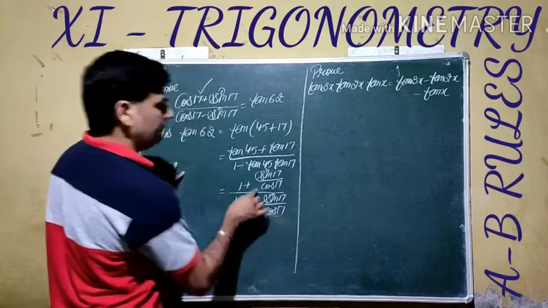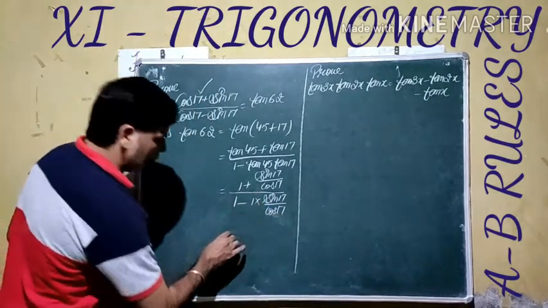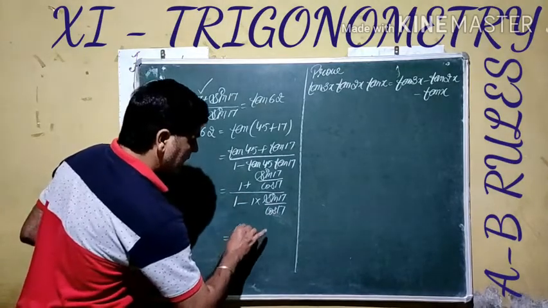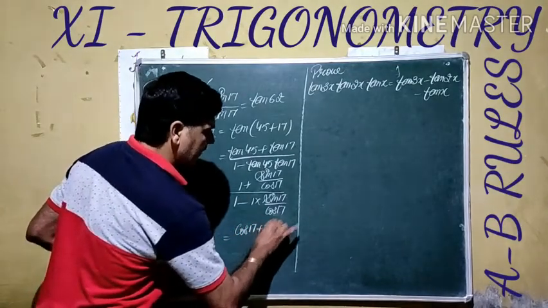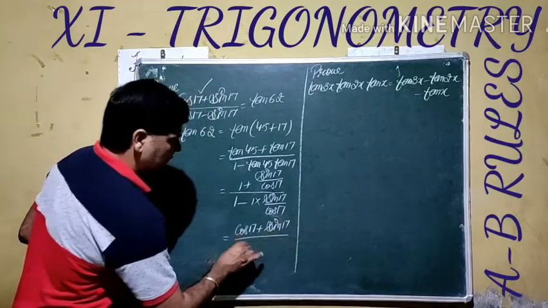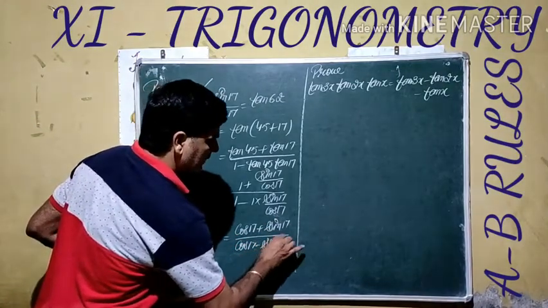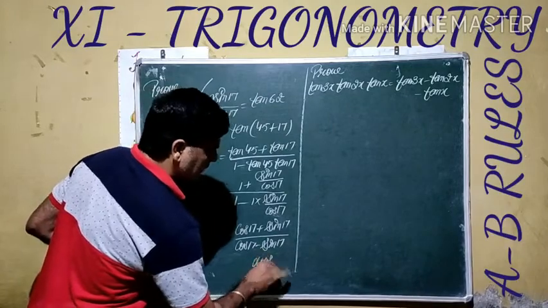If we take LCM in the numerator, cos 17, the denominator is also cos 17. LCM cancels out, so after simplifying we get cos 17 plus sin 17 divided by cos 17 minus sin 17. So like this we can prove our left hand side also.